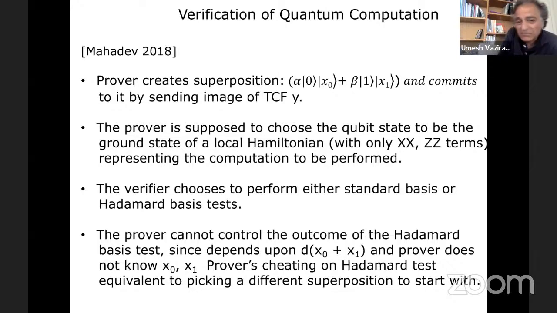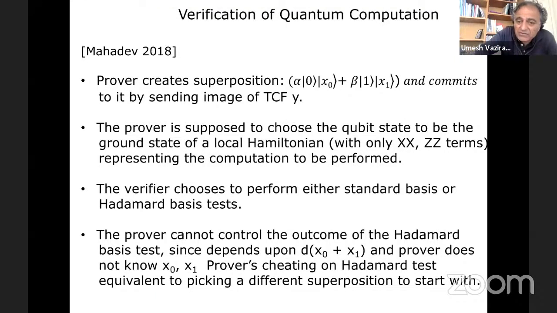Now, again, there's going to be either a pre-image or Hadamard test and so on. But now the prover is supposed to choose... okay, so what's the prover trying to do?